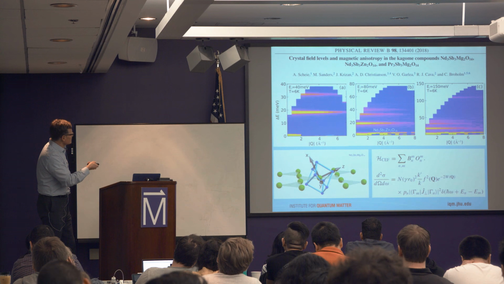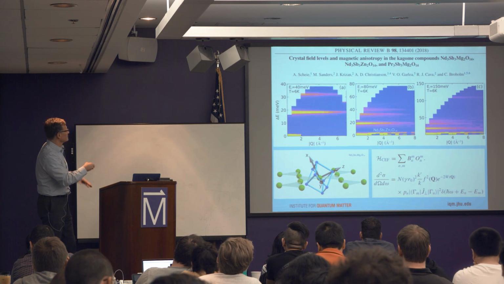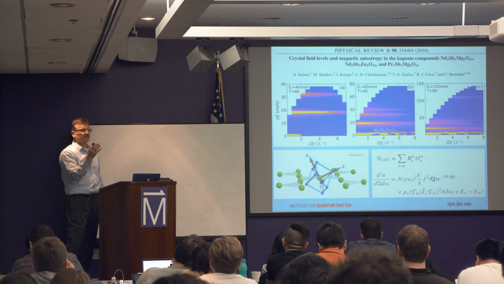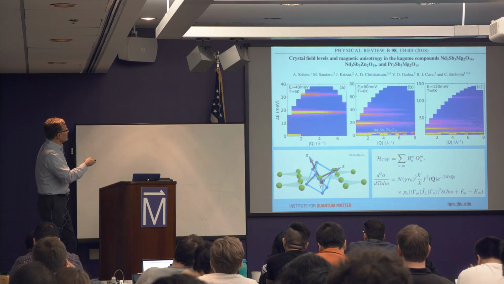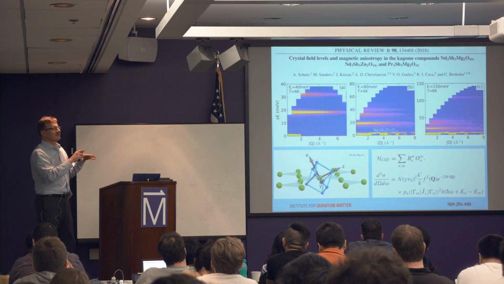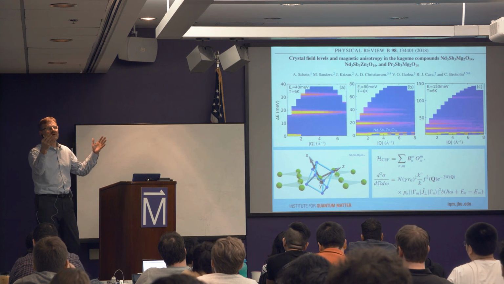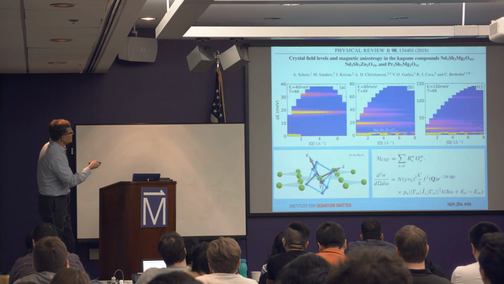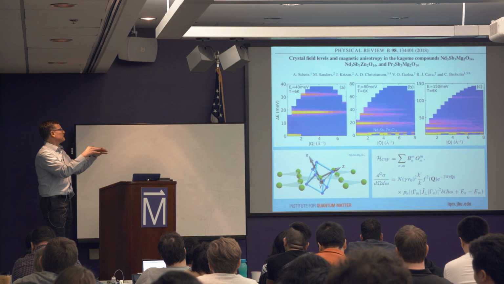The only thing that happens as I go with momentum transfer on this scale is that the intensity decreases due to the magnetic form factor. That identifies that these are magnetic excitations as opposed to some strange kind of phonon mode, which would be another possible explanation for these features. But because of the decrease in intensity, I know that it's actually magnetic scattering.